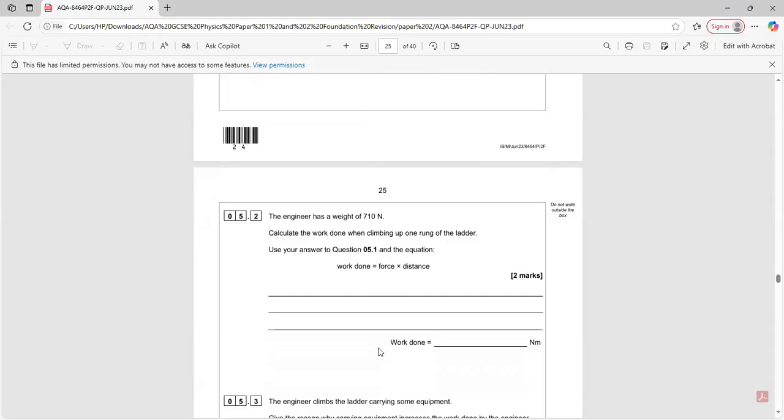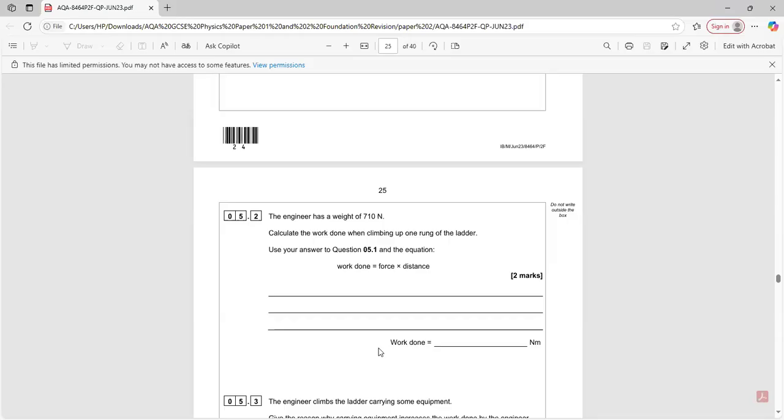The next question. The engineer has a weight of 710 newtons. That's pretty heavy. Calculate the work done when climbing up one rung of the ladder. That's simple. Work done is equal to force times distance. The force is his weight. Don't start thinking about what force we are talking about.